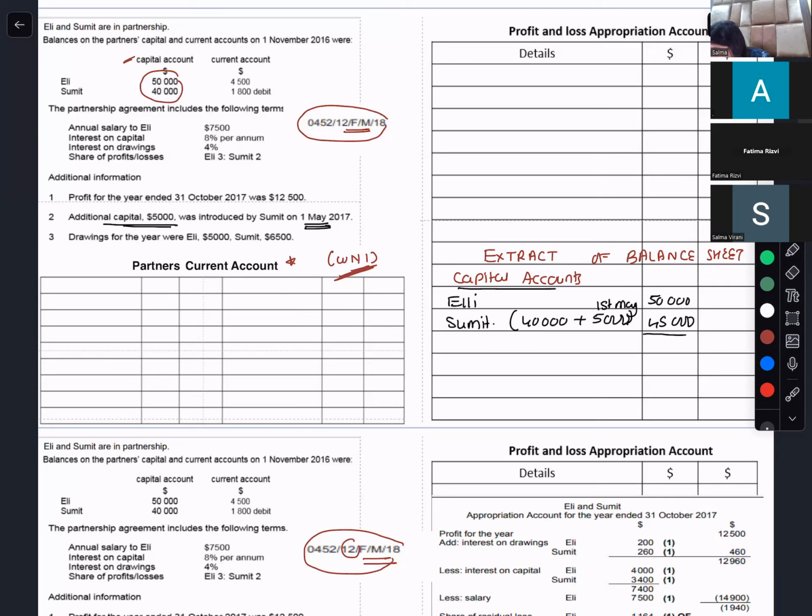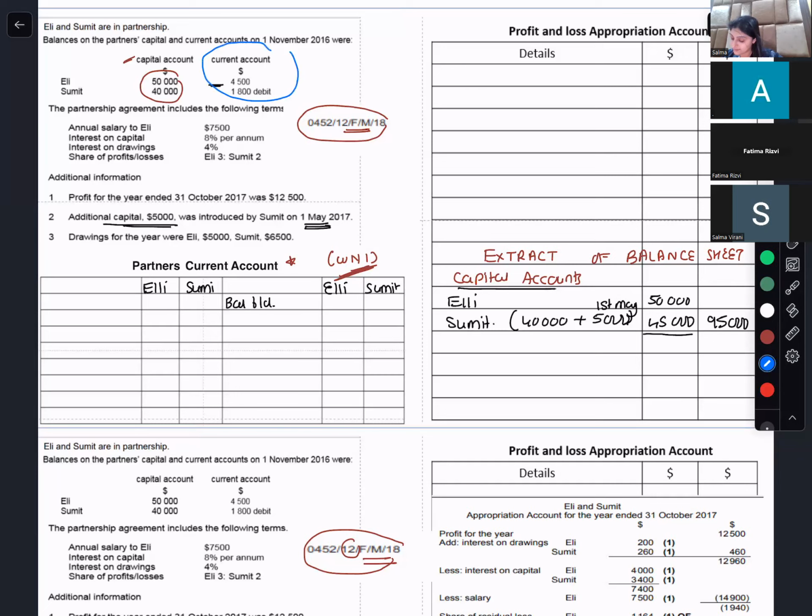Yes, miss. So this total is how much? 95,000. With me? Yes, miss. Okay. Current account balance. Elli has which balance? 50,000.